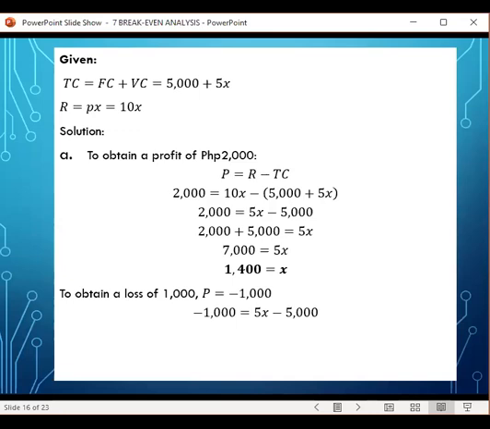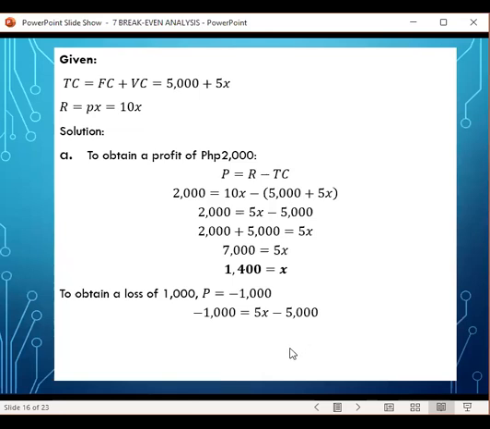So substituting it again to our equation, we have here negative 1,000 is equal to 5x minus 5,000. Where did 5x minus 5,000 come from? This one. The revenue is 10x. The total cost is 5,000 plus 5x. So again, 10x minus 5x, you get 5x. Minus 5,000 here, so you have minus 5,000 also in this part.